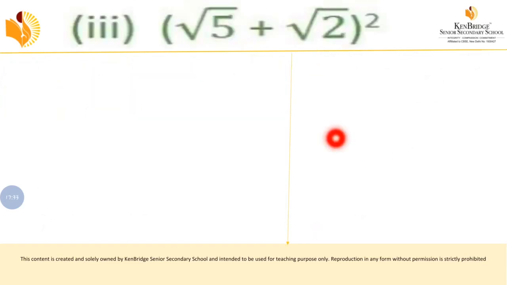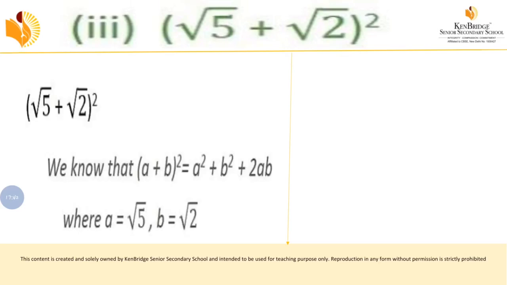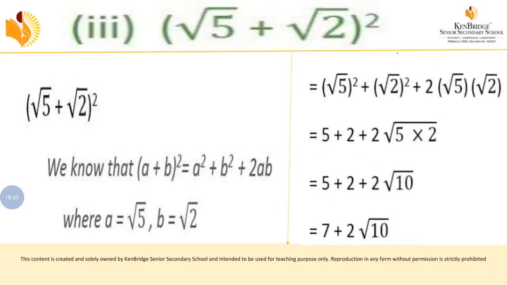The next expression is (root 5 plus root 2) the whole square. This is looking like (a plus b) the whole square. We know that formula: (a plus b) the whole square is equal to a square plus b square plus 2ab. Here we have taken a as root 5 and b as root 2. Now we write a square plus b square plus 2ab using root 5 and root 2: root 5 the whole square plus root 2 the whole square plus 2 into root 5 into root 2.